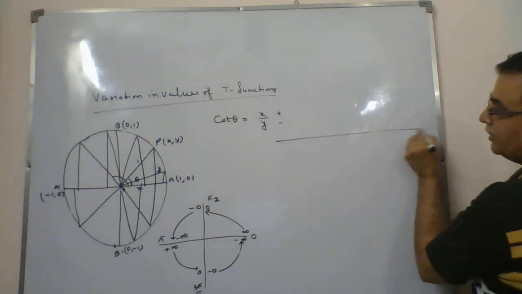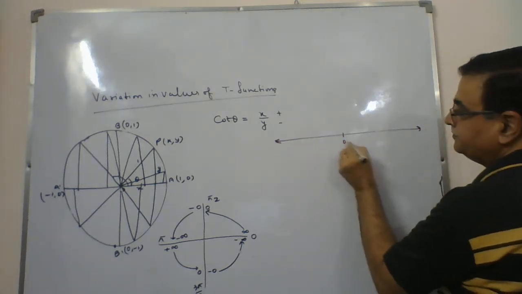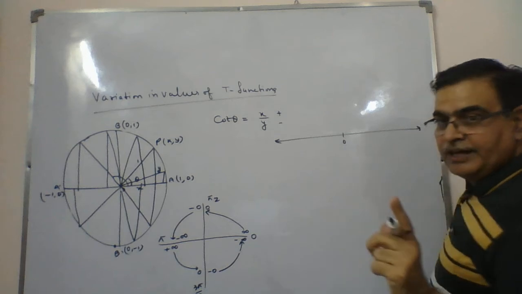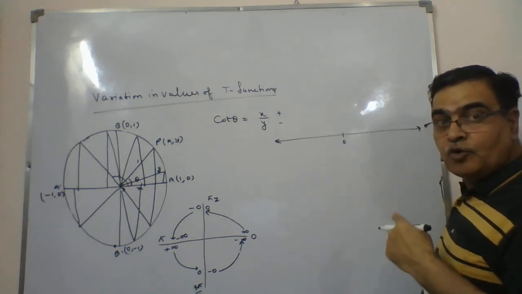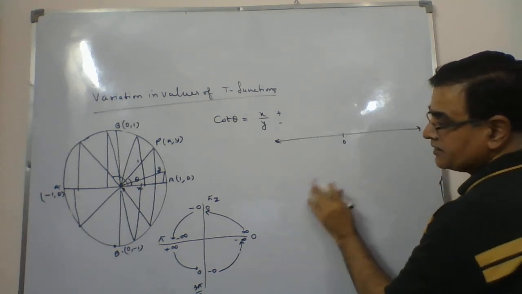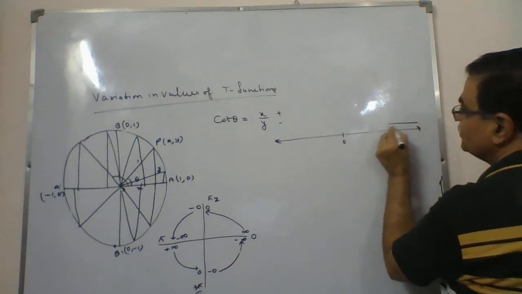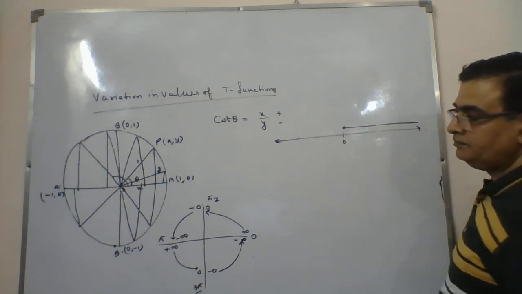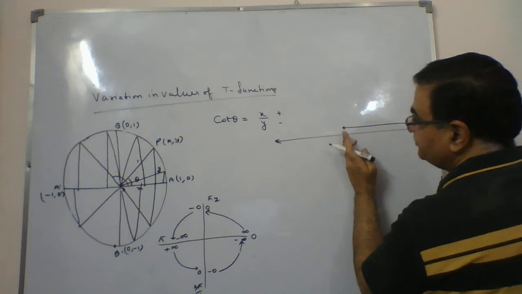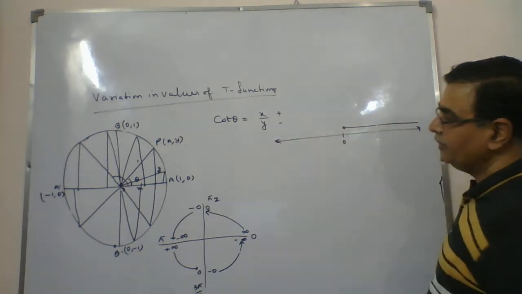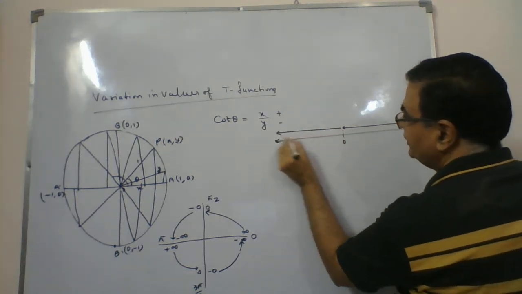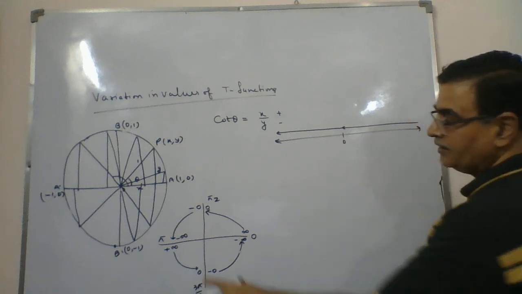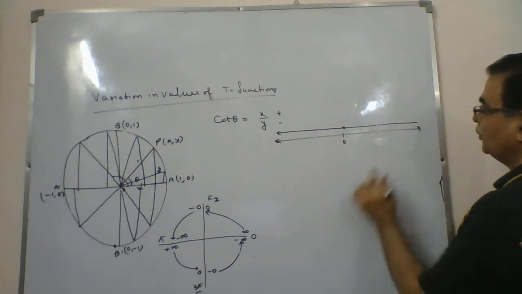So again, what variation comes, just check here. Tan theta, if you take, it starts from 0. Now cot will start from infinity. So it will start from infinity and it will go to 0. Then 0 minus means 0 and on the negative side we are going, and that will go to minus infinity. Here is its continuation. Then it will go from infinity to 0.